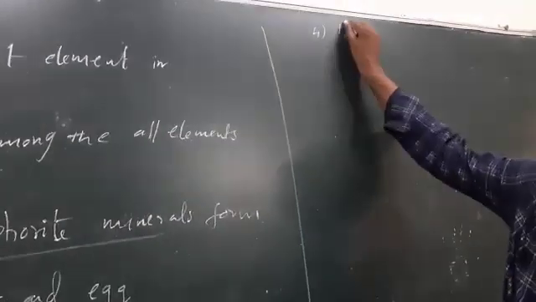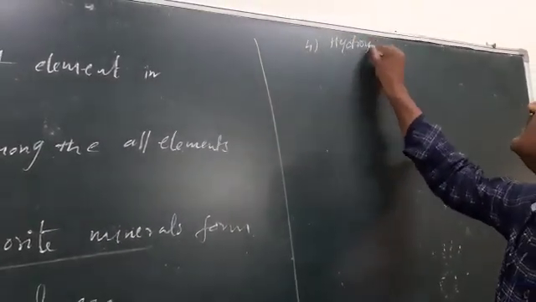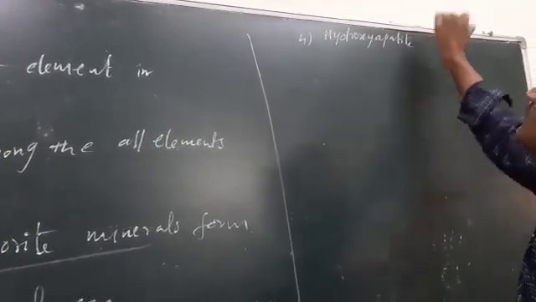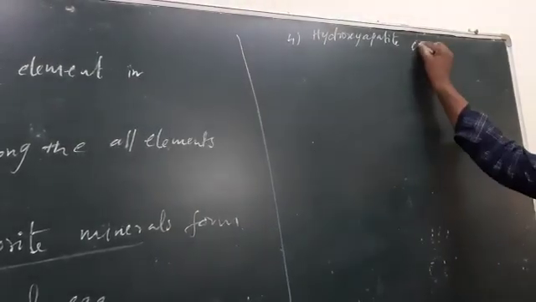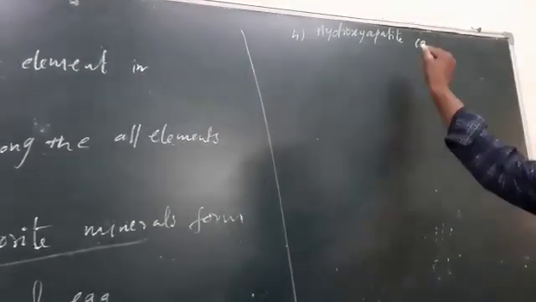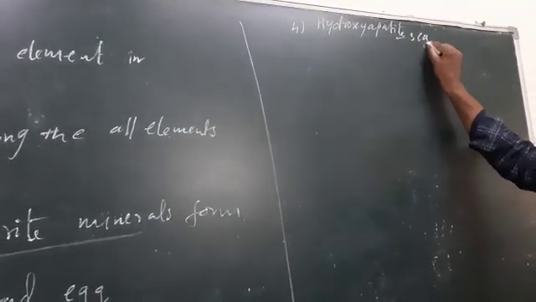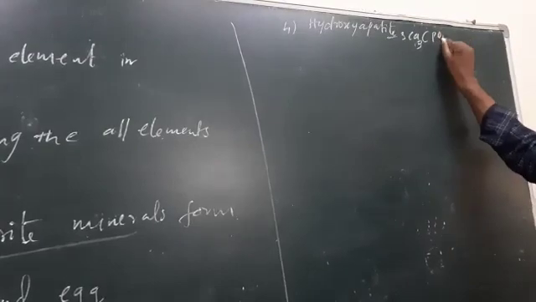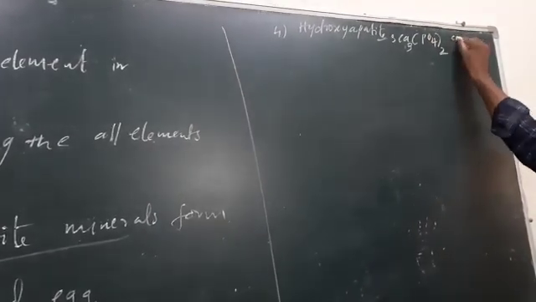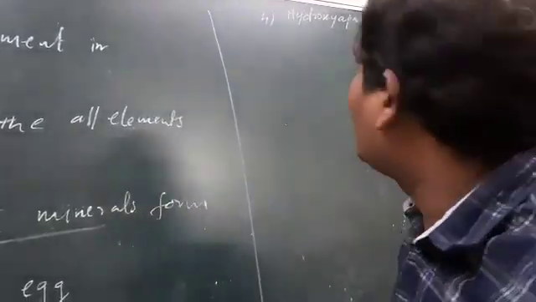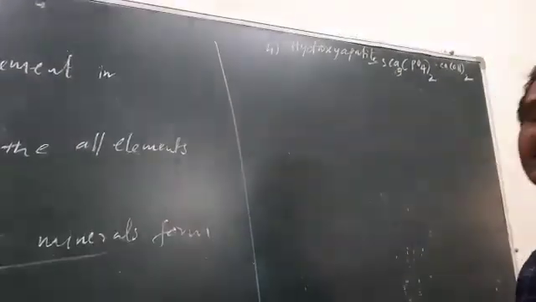Next, the fourth one, hydroxyapatite, formula: here also 3 moles of calcium phosphate and calcium hydroxide. So these are the phosphorite minerals that exist in nature.